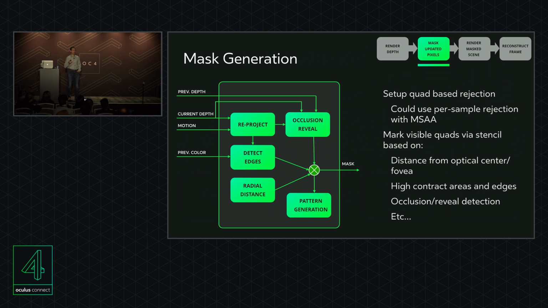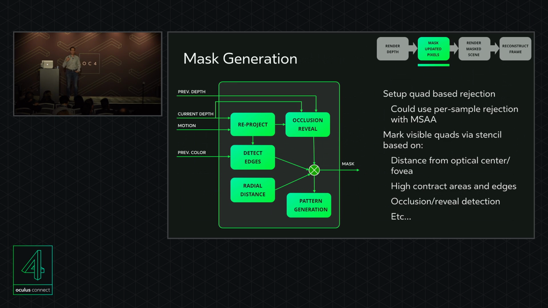The GPUs do not work on individual pixels. They process 2 by 2 quads of pixels at a time. So what we would want to do is make those 4 pixels within a quad coherent so they can be either fully rendered or fully rejected. Otherwise, if you just reject a single pixel, knocking them out individually, you would not get the performance benefit that you would expect.